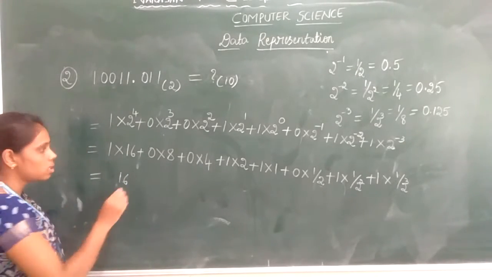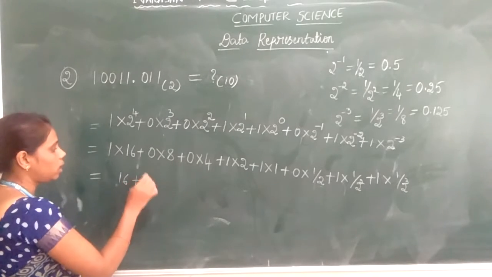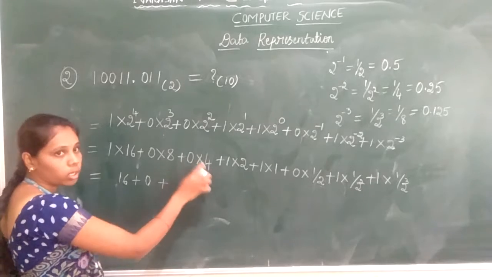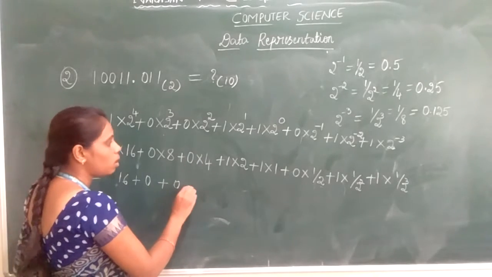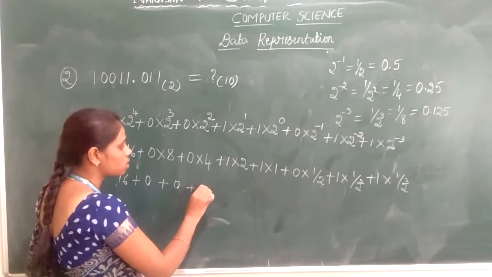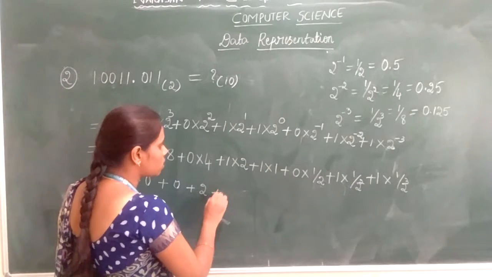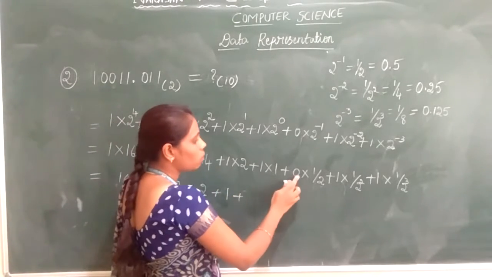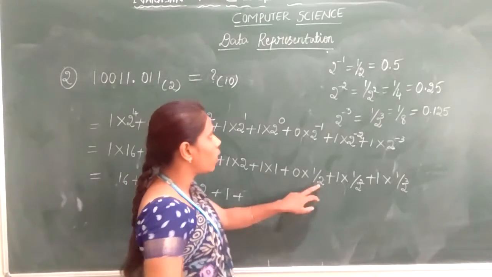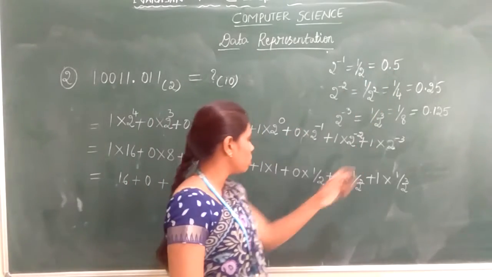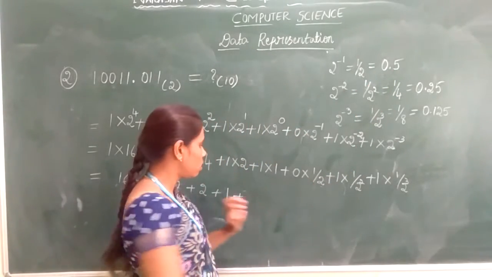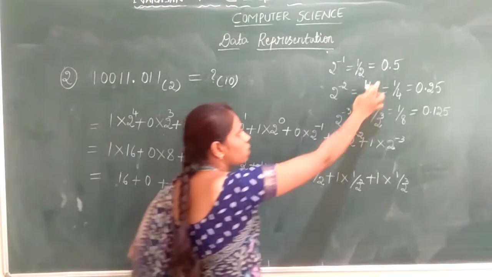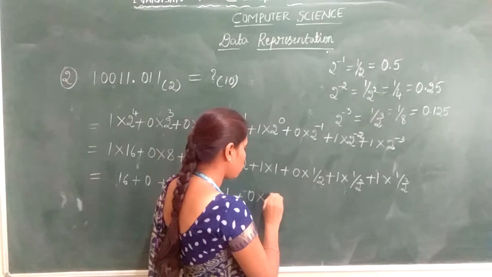16 into 1 is 16 plus 8 into 0 is 0 plus 0 into 4 is 0 plus 2 into 1 is 2 plus 1 into 1 is 1 plus 0 into 1 by 2. The value of 1 by 2 is 0.5, so 0 into 0.5.